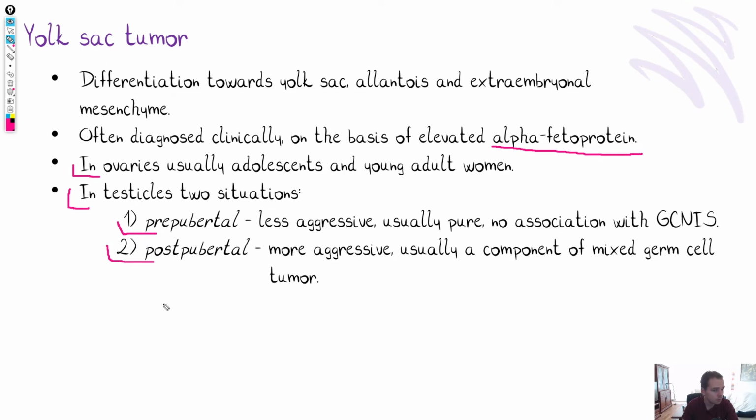As I mentioned before, the prepubertal case shows no association with germ cell neoplasia in situ, at least we think so. It usually comes as a pure tumor and it is less aggressive. But the postpubertal one is more aggressive and it usually comes as a component of mixed germ cell tumor. So the pure yolk sac tumor in postpubertal age is not so common.